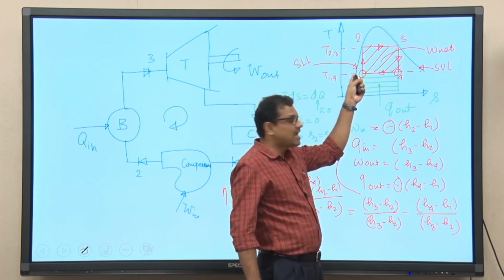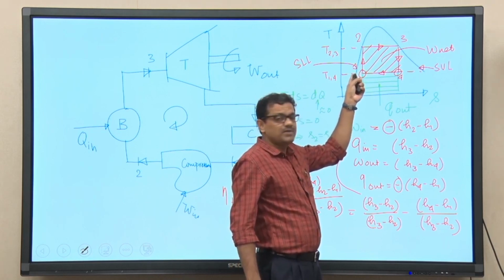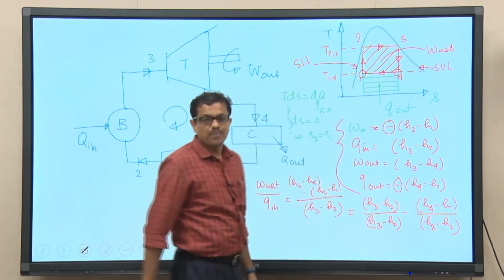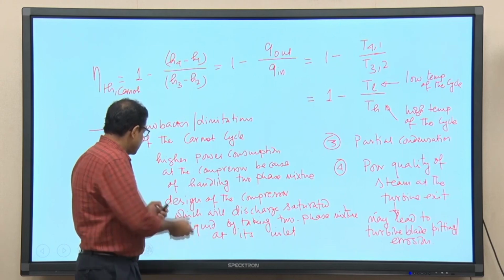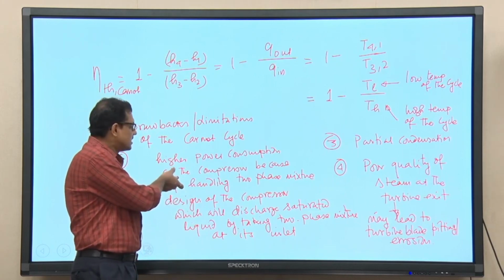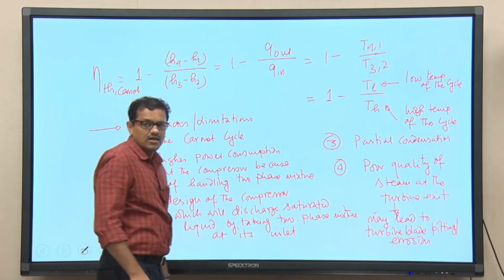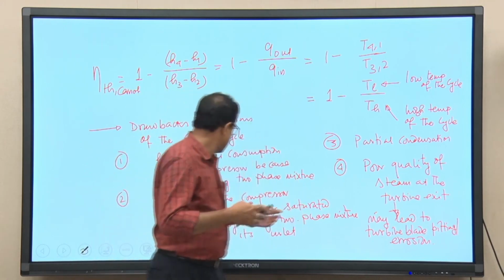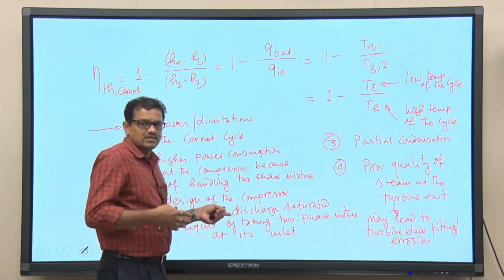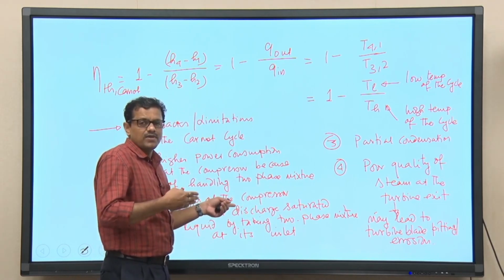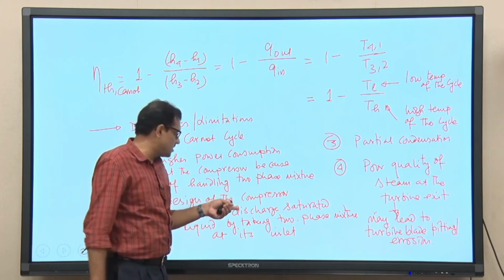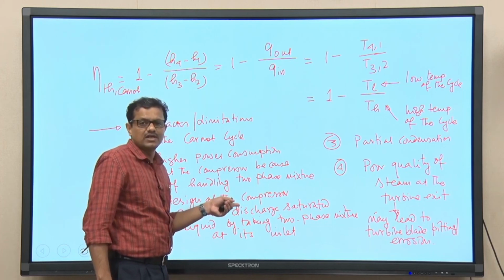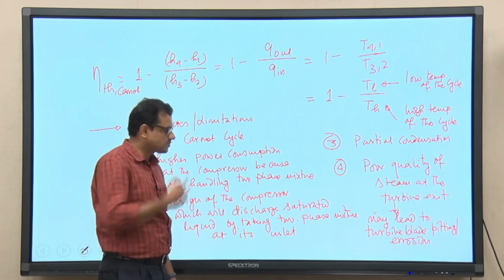Also, if at the end of the condensation the state is on the saturated liquid line, we can use a pump. If we can use a pump, then we can eliminate these two drawbacks: power consumption will be less because the pump will handle only liquid, and the problem with the design of the compressor, which would take a two phase mixture at the inlet, will not be there.